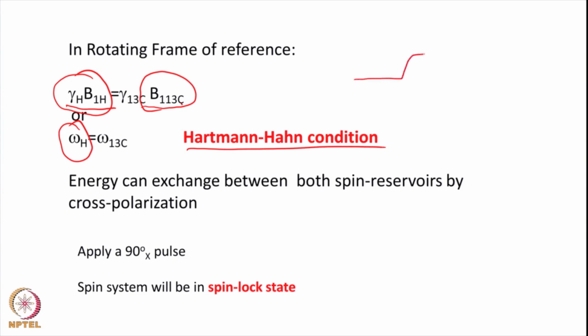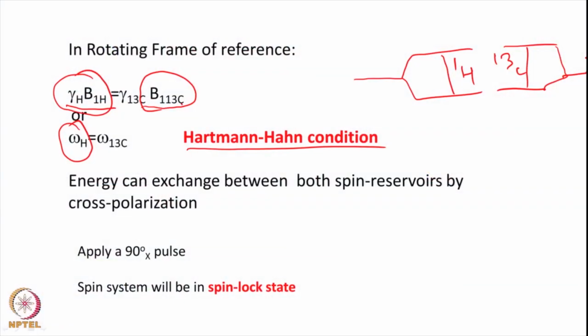That means, to visualize, by applying this we want to match the frequency for proton with that of carbon 13. So, this is for 13C and this is for proton, by applying two RF pulses, or effective fields in the rotating frame of reference, one on proton and one on carbon 13. If you do that, the frequencies of proton and carbon 13 will match.